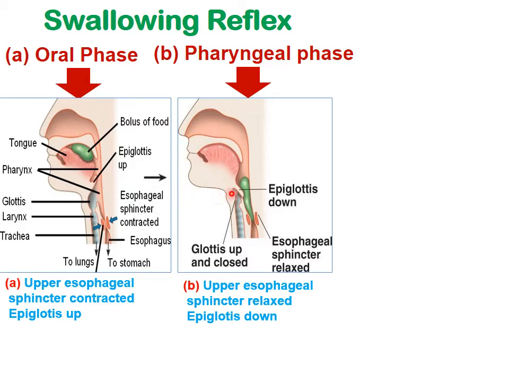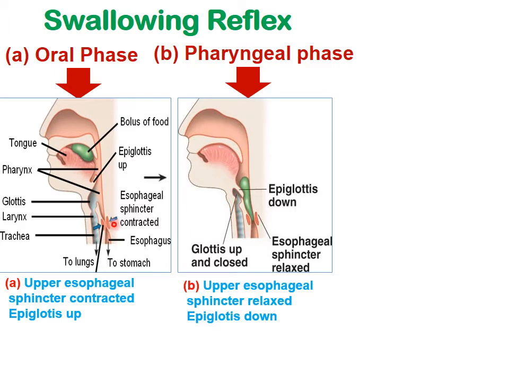In the second phase you are seeing that the epiglottis is closed so that it will be preventing the food from entering into the lungs, the respiratory tract. So it will be taking this route towards the esophagus. The upper esophageal sphincter is relaxed so that it will be allowing the movement of the food bolus into the esophagus.